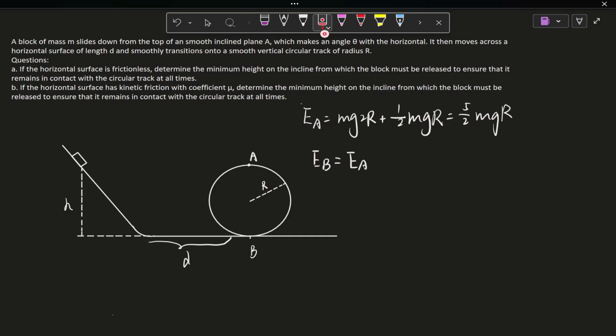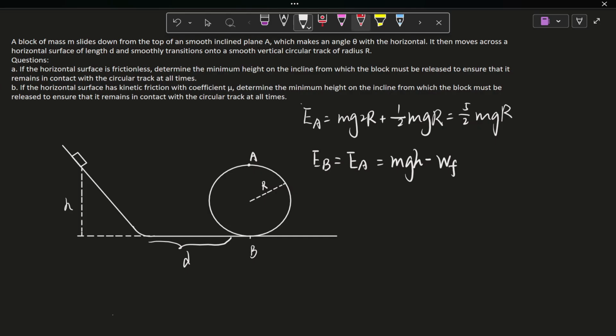It is also equal to the amount of energy it has when the object is sliding down the slope and reaches point B. So it will be the amount of gravitational potential energy minus the amount of work done by friction. So it can also be equal to mgh minus work done by friction.